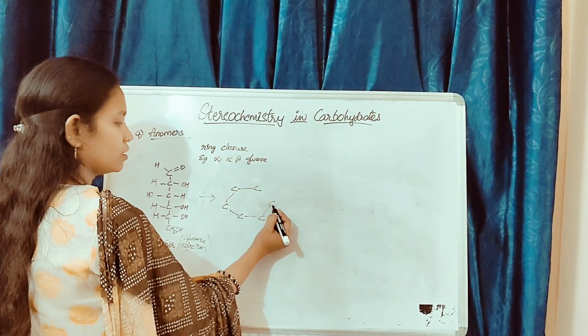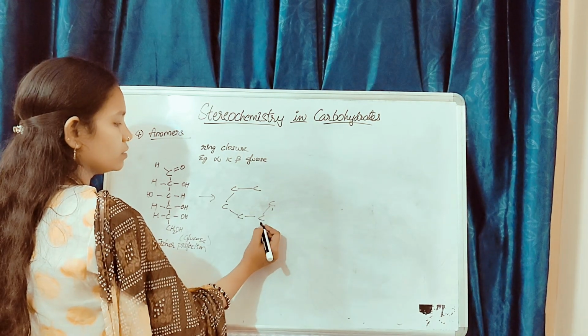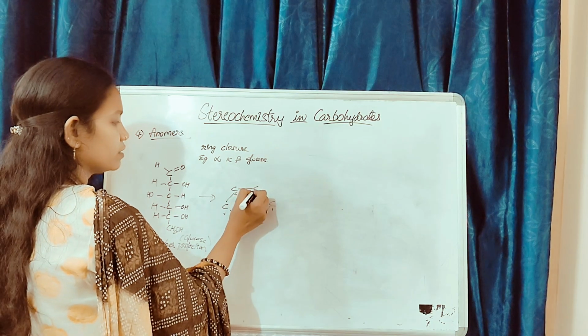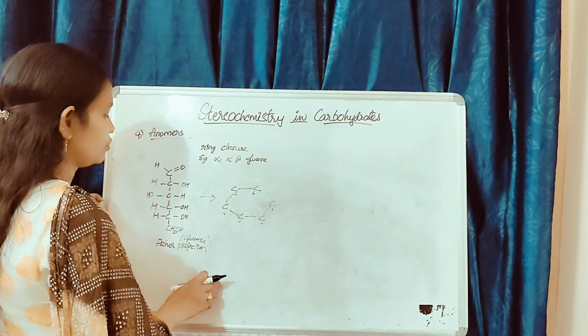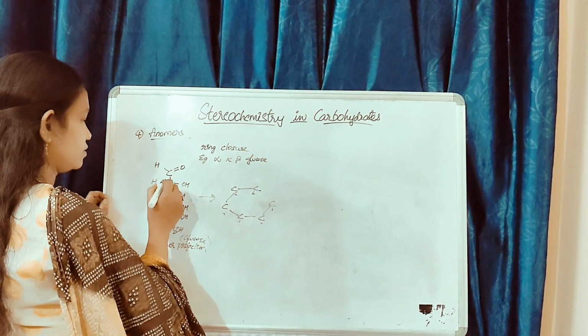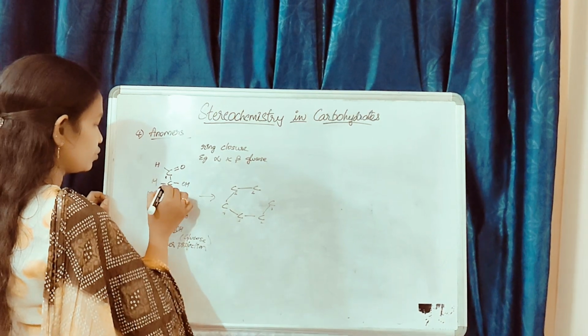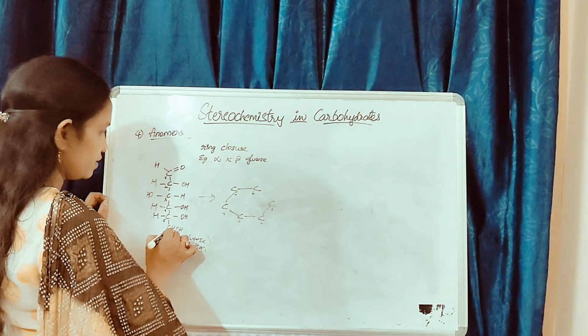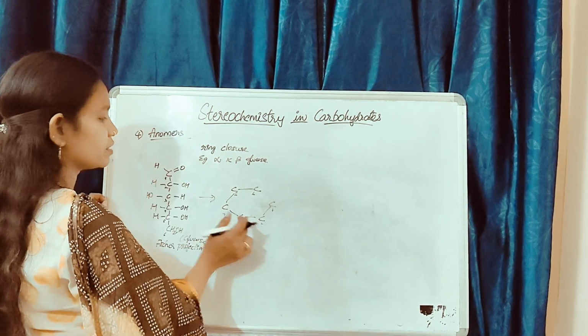If you see, how many carbon atoms? 1, 2, 3, 4, 5, 6, right? So here, start numbering in the Fischer projection 1, 2, 3, 4, 5, 6. Now taking the first carbon.